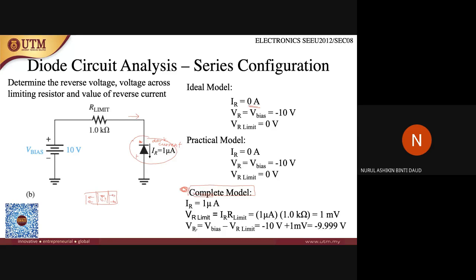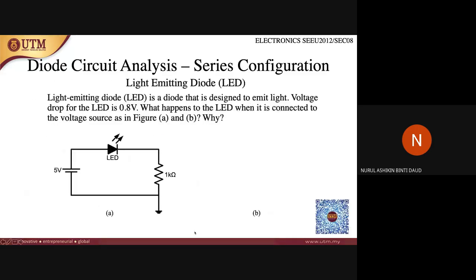Okay. Alright, next. It's already 1 o'clock. Next, this is an LED, right? For the LED, it is connected to the voltage source in figure A. So can you guess whether the LED lights up or not in this condition? It lights up, right?